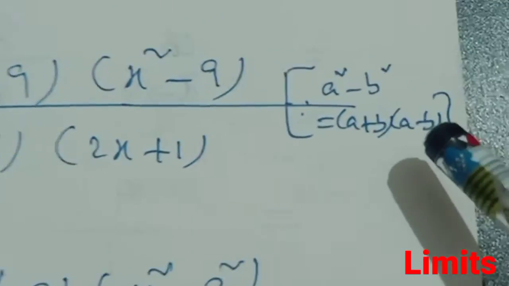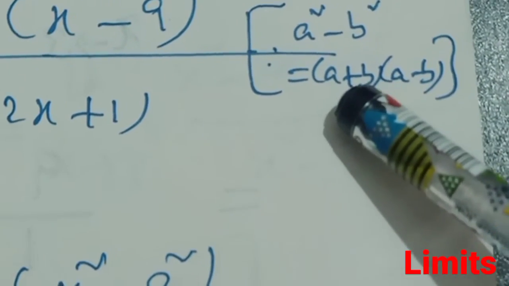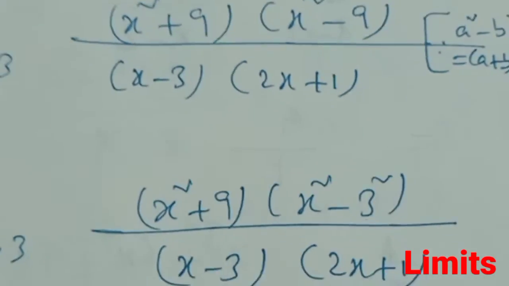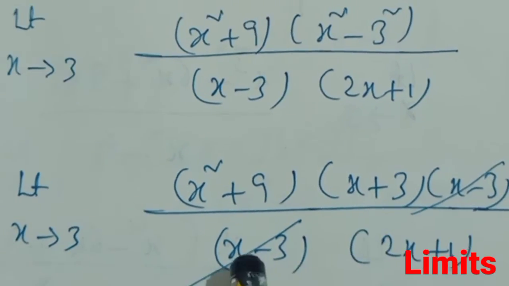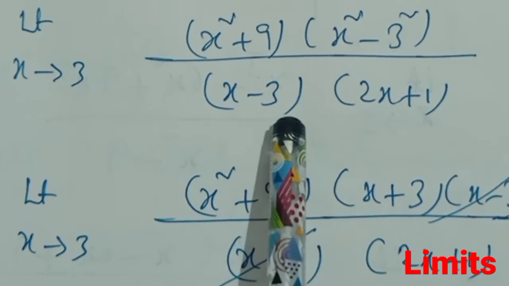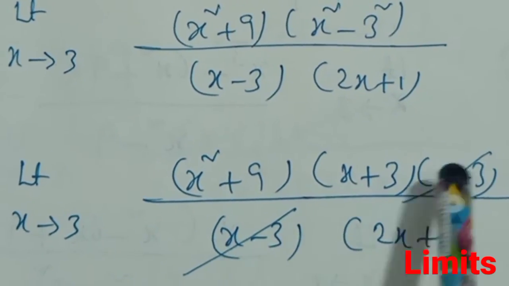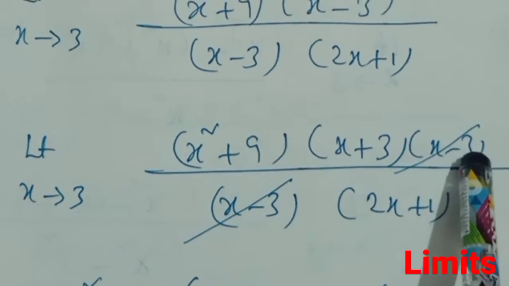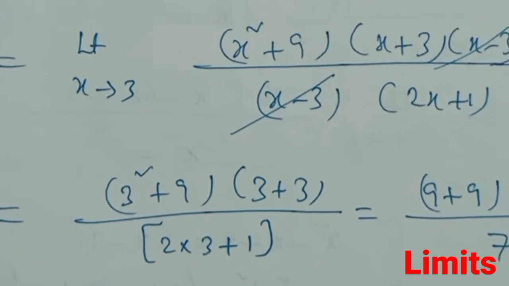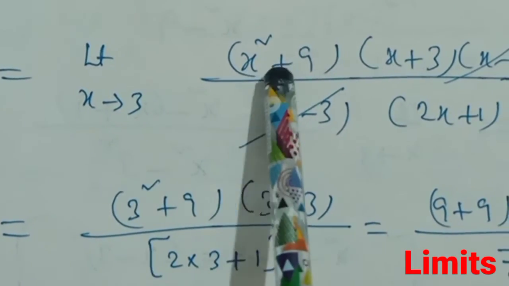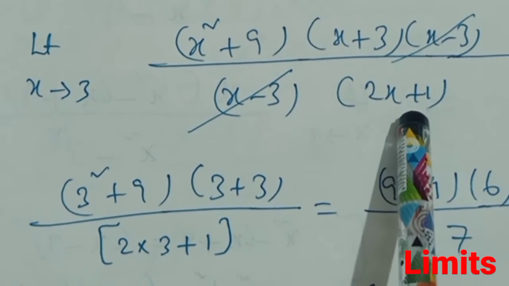Again we use the identity a square minus b square, which is (a plus b) into (a minus b). That's why we write x plus 3 into x minus 3. Now the denominator value is x minus 3 into 2x plus 1. Here the common factor is x minus 3, so those cancel. Then we get limit x tends to 3 of (x square plus 9) into (x plus 3) by (2x plus 1).